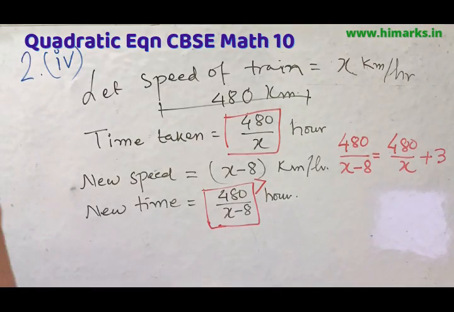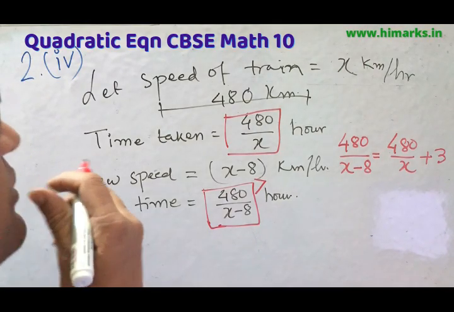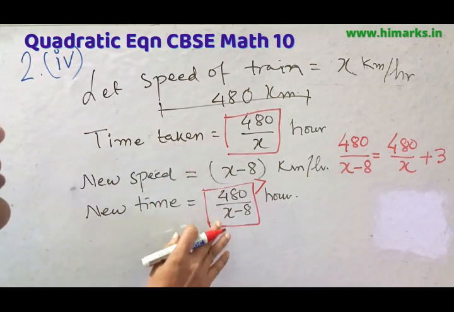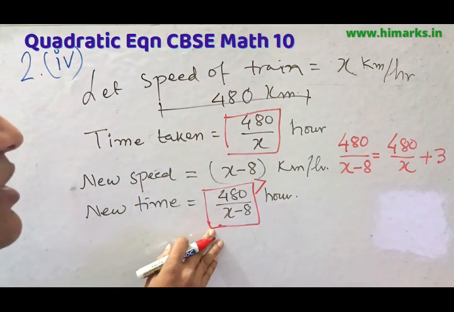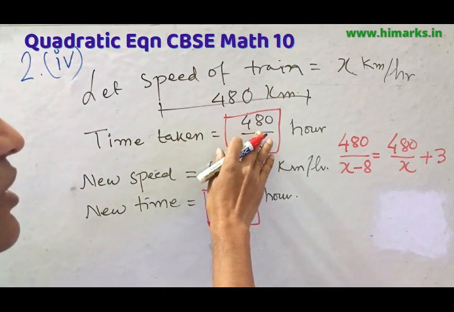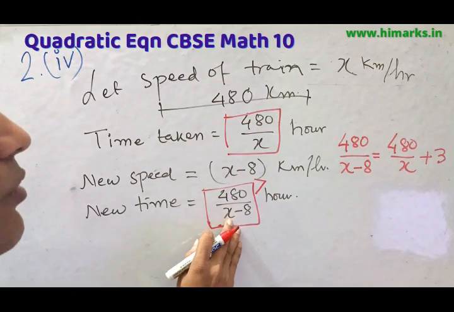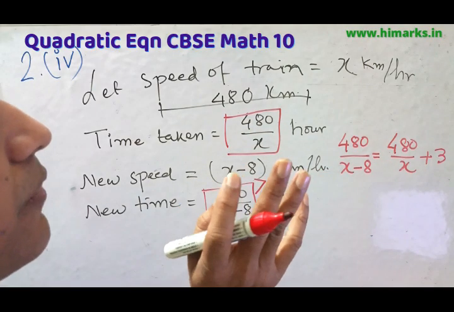Okay, you have to understand this very clearly. This is the earlier time, this is the new time. The new time has taken 3 hours more than this. So that means this plus 3 will give this out. That we have written.